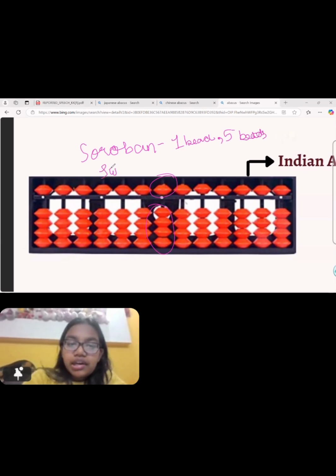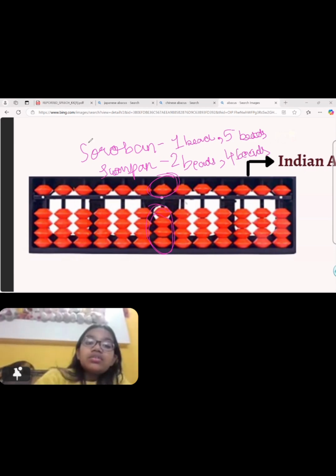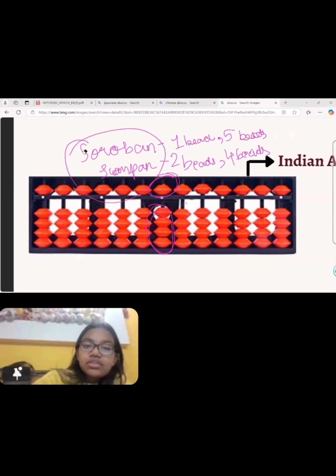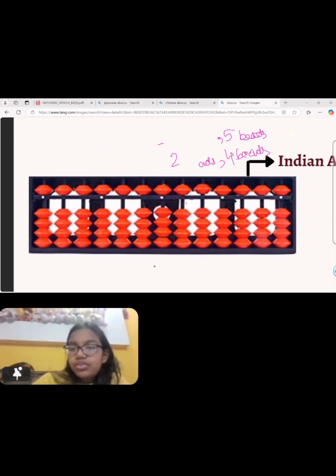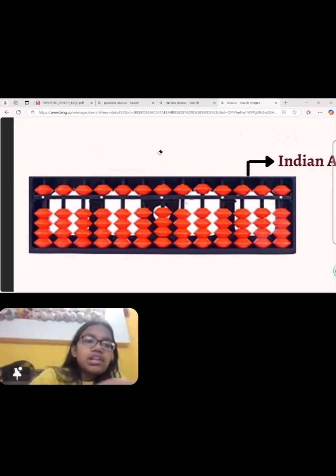And in Swan Pan, the Chinese one, on the upper side they have two beads, and on the lower side they have only four beads. So the abacus we're going to learn is the contrast of these both. Don't be confused if we are using the Soroban or the Swan Pan. We are using the contrast of it, which you can also call Indian abacus or just normal abacus.